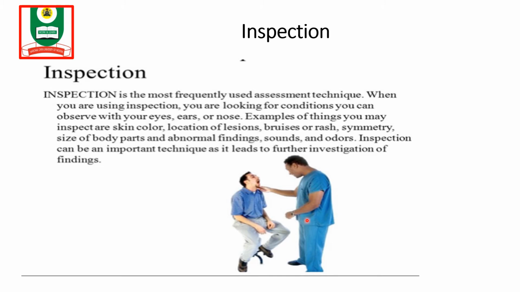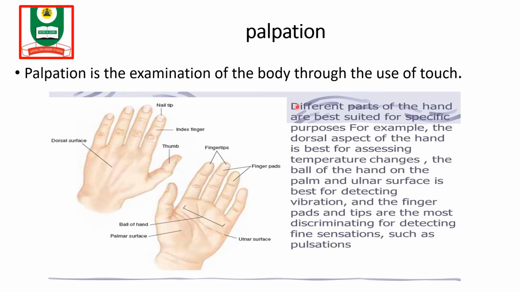And that is why inspection is a key tool that you use when you are doing physical examination, as it can lead you to make further inquiry and give better care to your client.